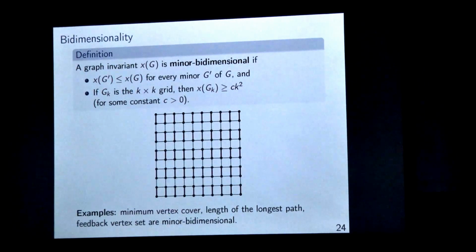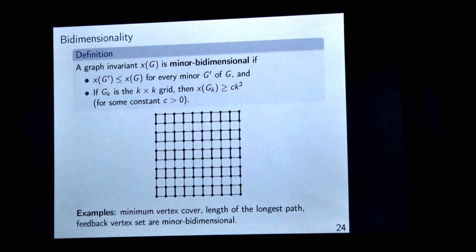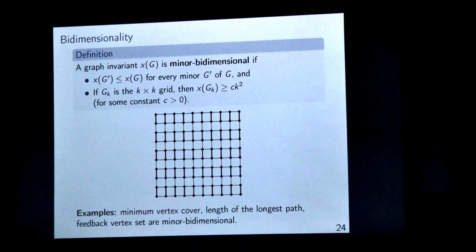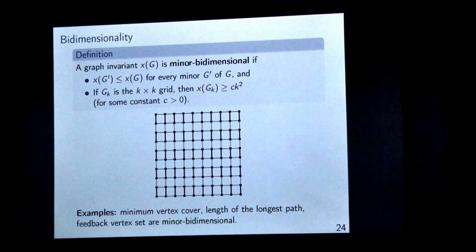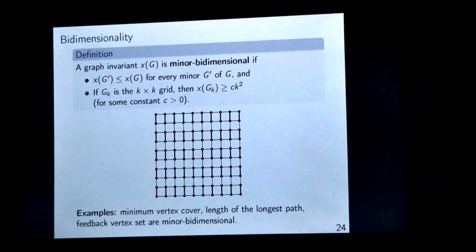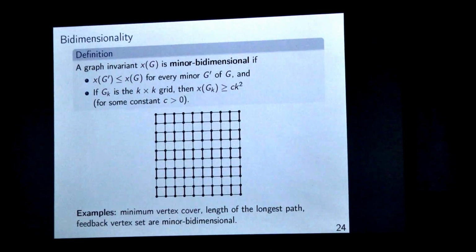Okay, so let me give you one definition that will help you get some flow. A graph invariant, like k-path, is called minor bidimensional. Why bidimensional? Because of its value on the grid. If I take any minor of this, the value does not increase, like k-path. If I took any minor of this, its solution remains at most the same, it doesn't increase.